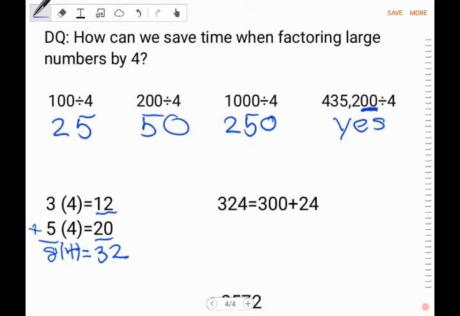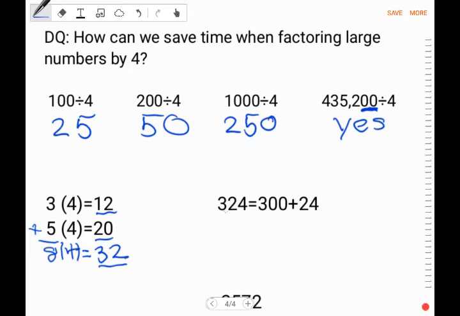Boxes of 4 is 32. So when I take numbers like 12 and 20 that both have a factor of 4 and I add them together, my sum, 32, also has a factor of 4. That's a really important thing to understand when we're working with this rule.